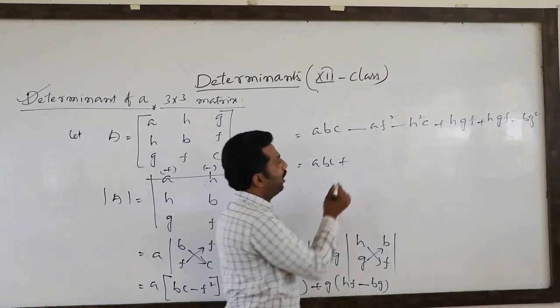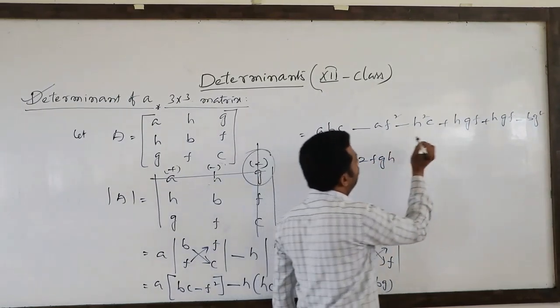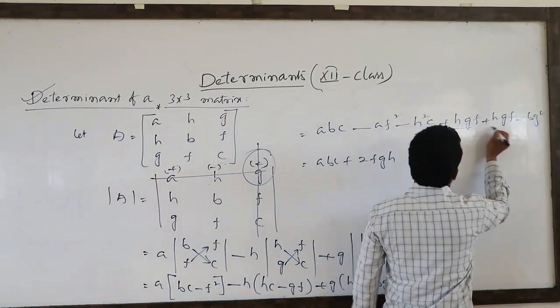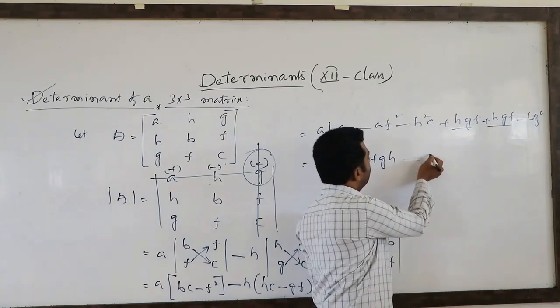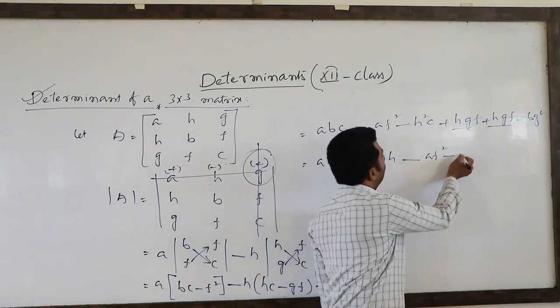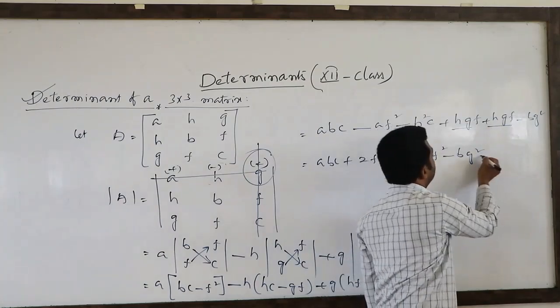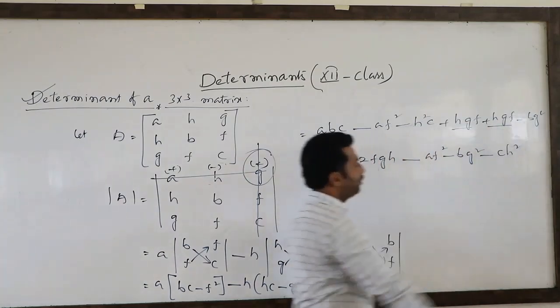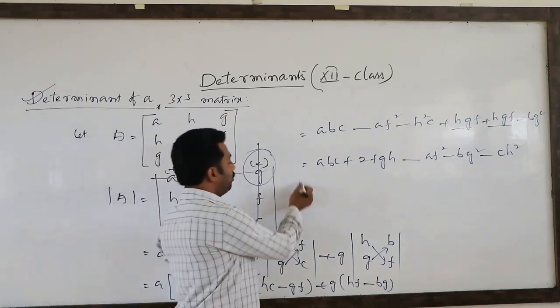See here, ABC plus 2FGH. How many terms are there? 2 terms are there. 2FGH minus AF square minus BG square minus CH square. So this is one standard result you should remember.